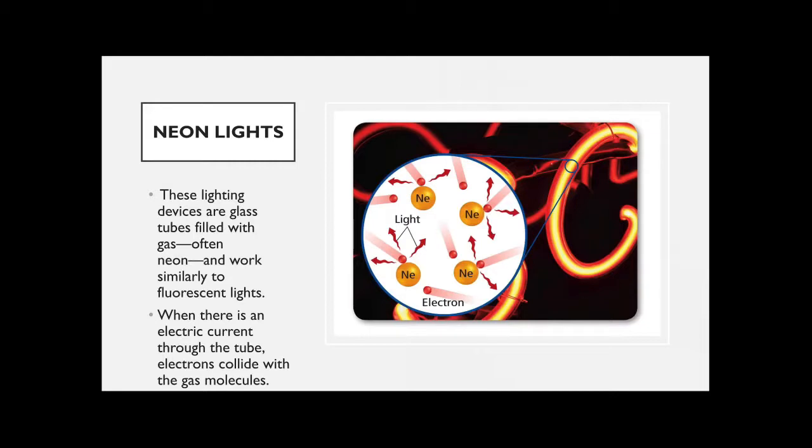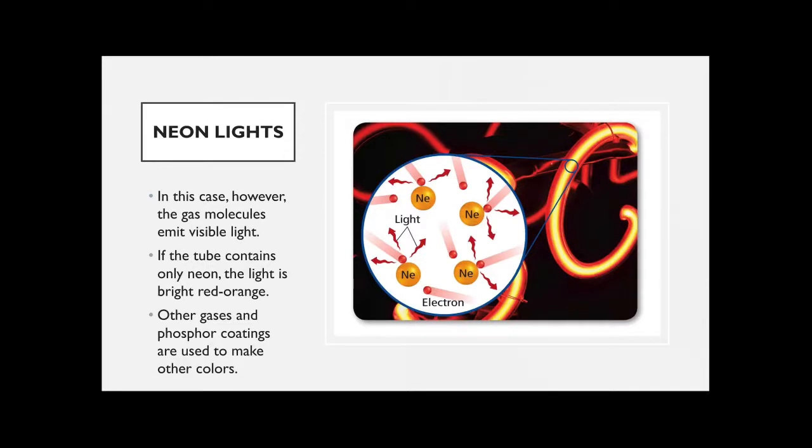When gas and electrons collide, you get visible light. You can see that in the image: the electrons, which are the little red balls, are colliding with the neon gas molecules, and they're producing the red arrows, which are the light that we can actually see.